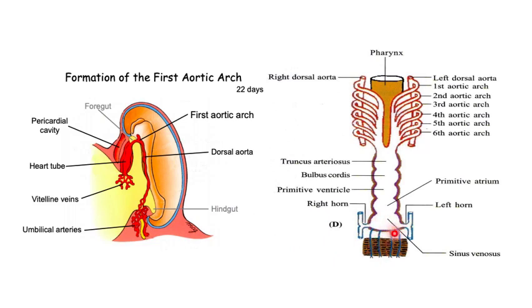And it receives the blood from the vitelline veins of the yolk sac and the umbilical veins from the placenta and the common cardinal veins from the body wall. So we're going to see about all these things in detail when we talk about the sinus venosus formation.